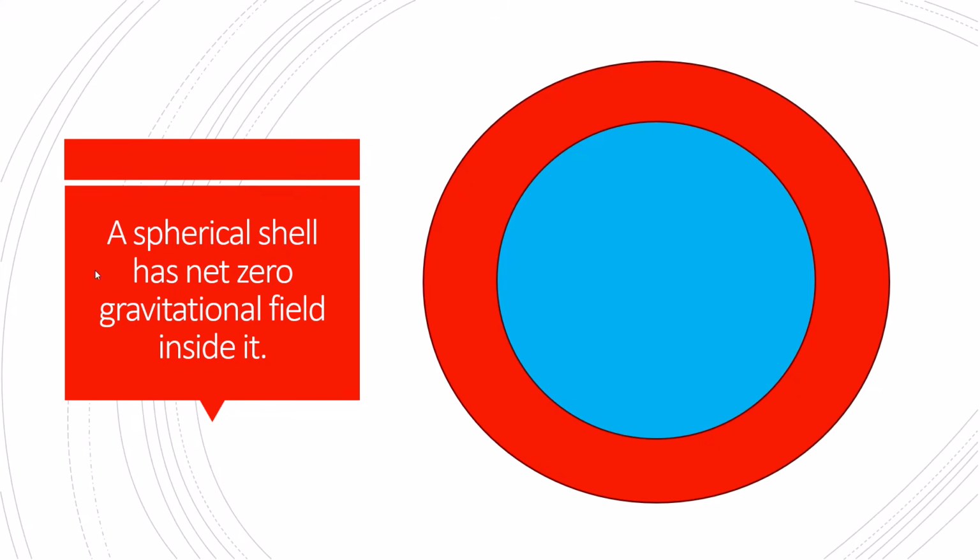Now this red colored portion is the spherical shell, and this is distance d.